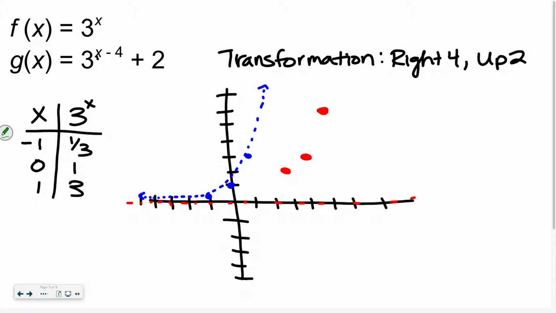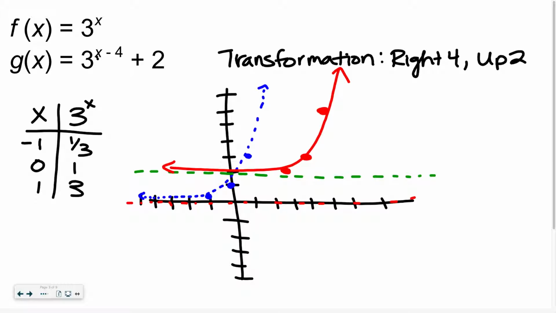Up is going to affect something that's horizontal, right? If I move this left or right, do you notice? No. But if I move it up 2, you notice. So now my asymptote is at y equals 2. And then I can draw my real function.